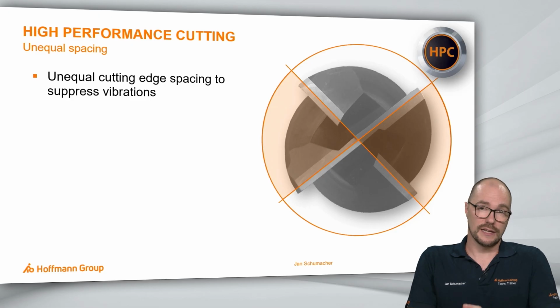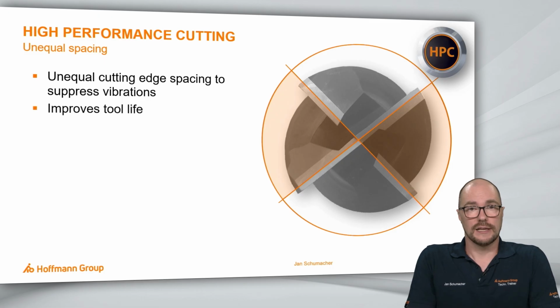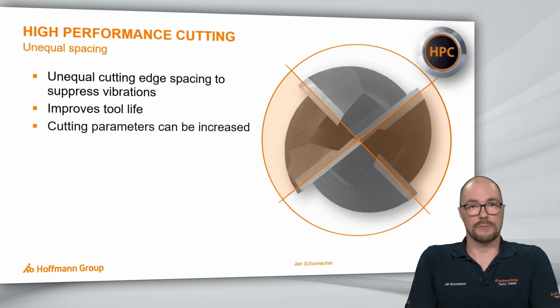Surface quality is not bad, but we benefit more from the other effect, that we can really get rid of those annoying chatters and vibrations, which in return improves our tool life. And because of not having excessive vibrations, we can even increase the cutting parameters like cutting speed or feed per tooth.